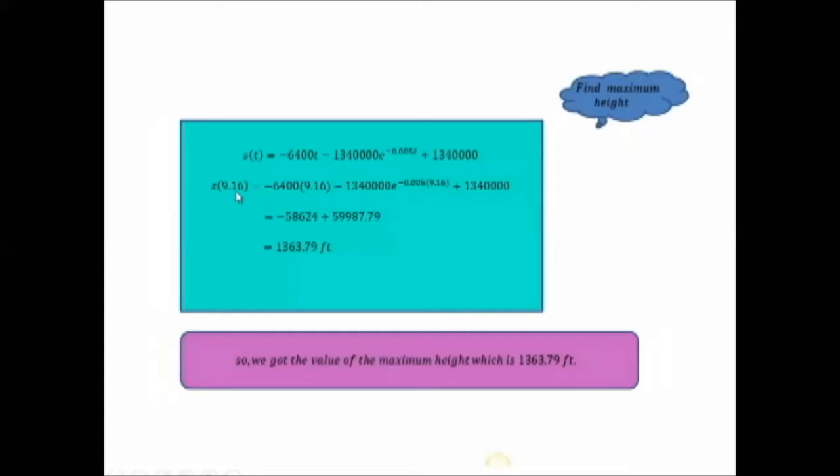So this is the solution. We get the final answer of 1363.79 feet. So the conclusion is we got the value of the maximum height, which is 1363.79 feet. So that's all for question 2. Thank you.